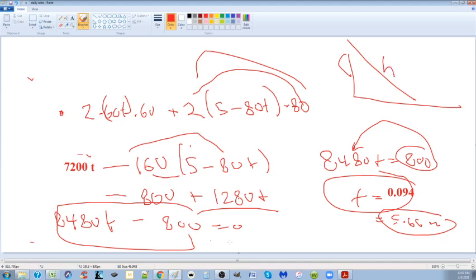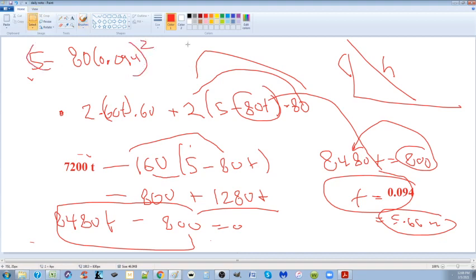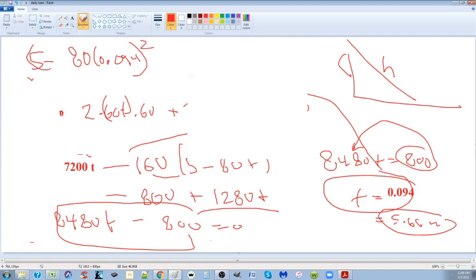Now, if they're going to ask the distance, you now have to take 5 and subtract 80 times that time, and you have to square it. And you have to add 60 times that time.